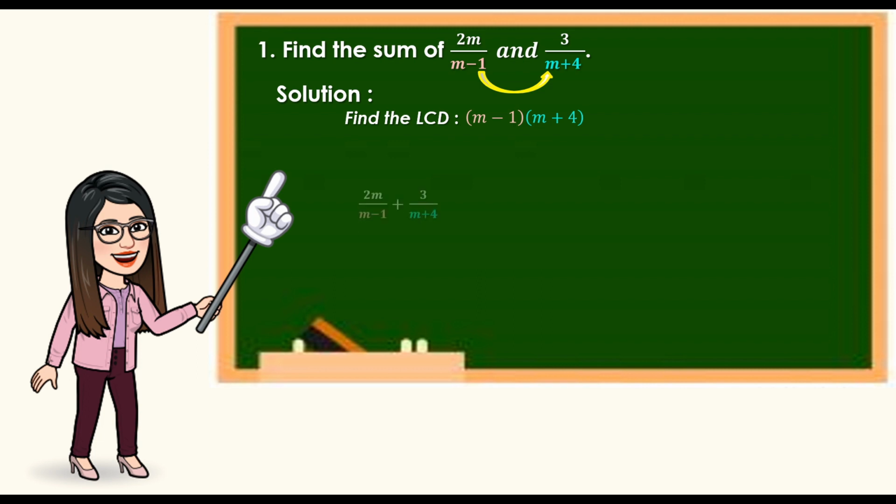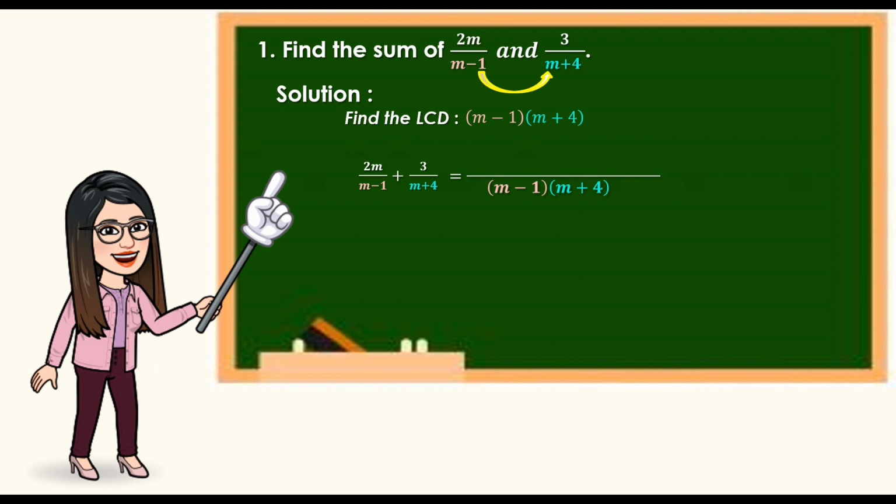Let us solve. 2m all over m minus 1 plus 3 all over m plus 4 equals, okay, so let us write the LCD, which is the quantity of m minus 1 times the quantity of m plus 4. Next, the LCD, m minus 1 times the quantity of m plus 4, will be divided by the denominator of the first term, which is m minus 1.